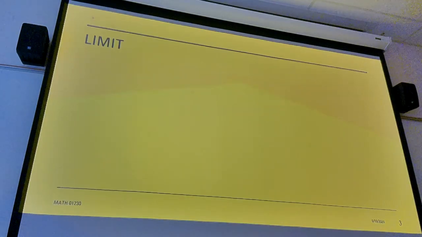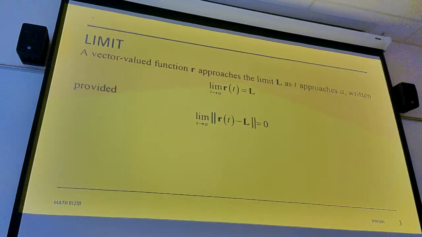So now we want the definition for the limit of a vector valued function. Based on the limit of a function, this looks like it's going to be this. A vector valued function R approaches the limit L as t approaches a, written as the limit as t approaches a of R(t) equals L, provided that the limit as t approaches a of the magnitude of R(t) minus L is equal to 0.